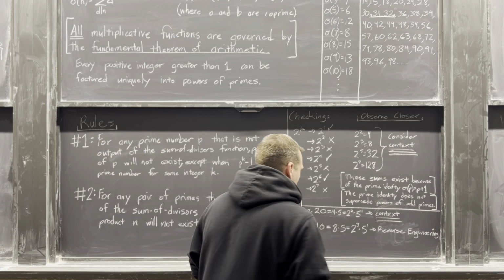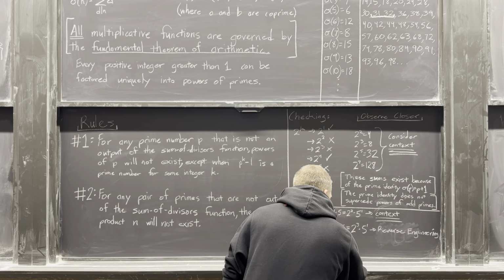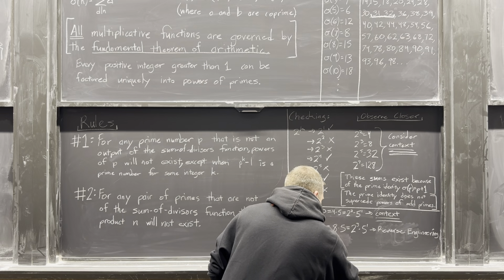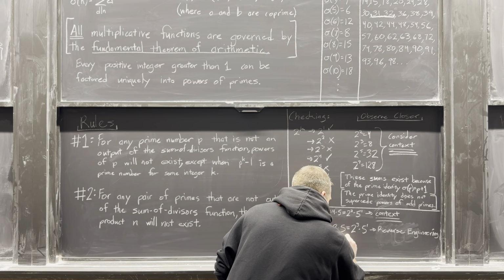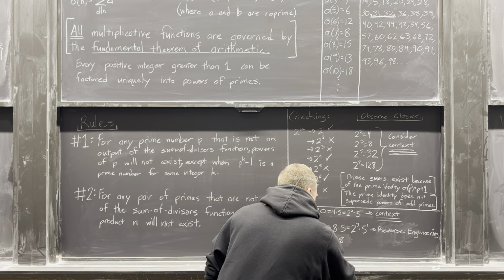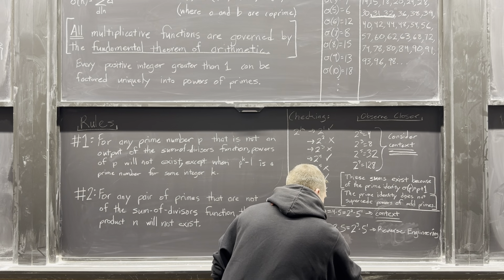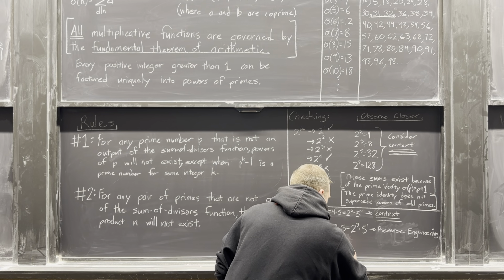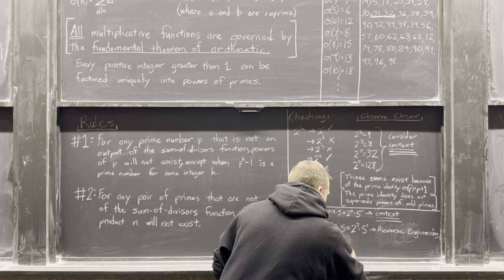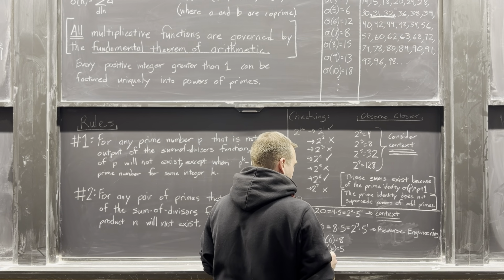So we have something like sigma of A is equal to 8, and we should have a sigma of B is equal to 5, right?